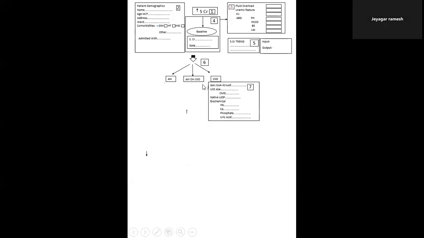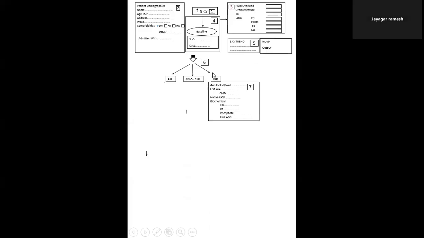And just opposite to this, if it is a volume unresponsive AKI, you will have to reduce the intake so that the patient does not get a hydrogenic fluid overload. So this is what we do. Then, depending on the serum creatinine trend, we could decide.